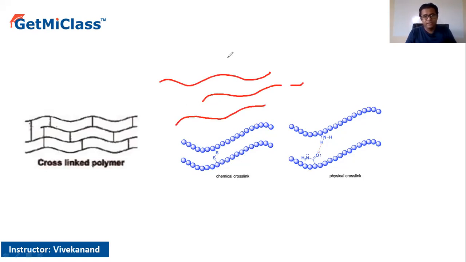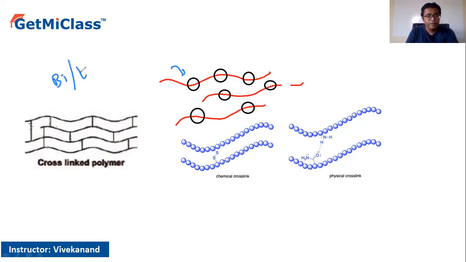So what is happening here is, when you look into these monomeric units, the important fact you have to know is that these monomeric units are bifunctional or trifunctional. Remember this. These monomeric units are going to be either bi- or trifunctional.